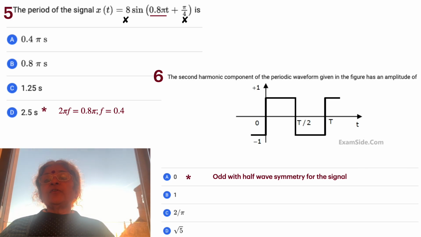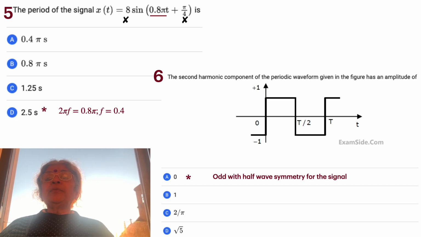It also has half-wave symmetry, because if you shift it by half the period, what was originally positive becomes negative here, and what was negative there shifts by half a period. Then you invert it, as is the explanation for half-wave symmetry, and you get the same waveform. This is what you mean by odd plus half-wave symmetry. So obviously so much is known to us.